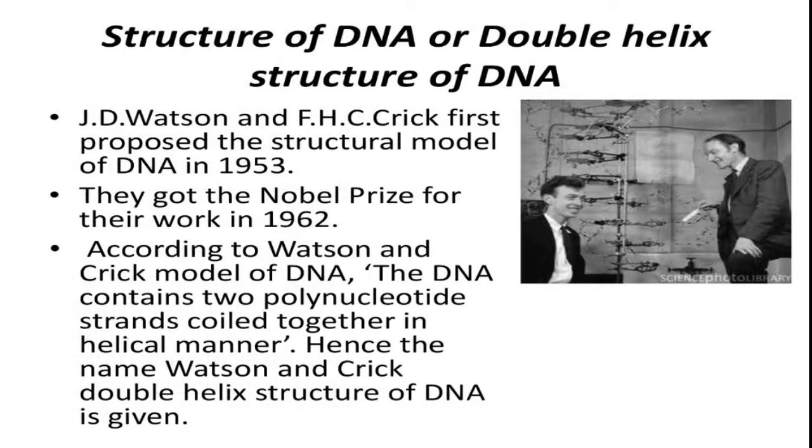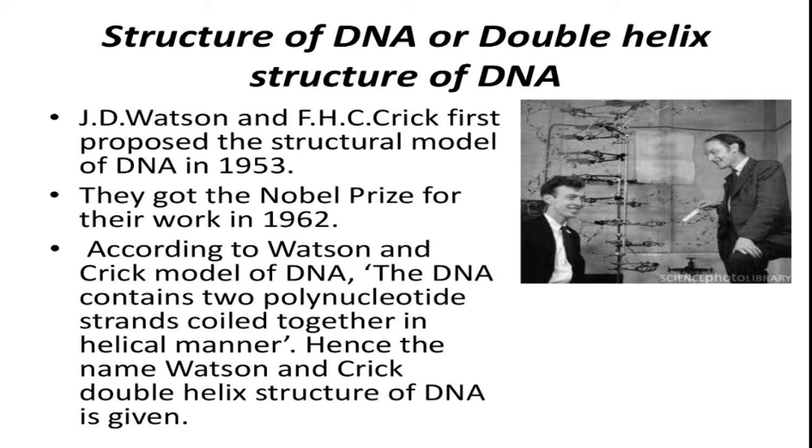So who was responsible for this structure of DNA? We all know that Watson and Crick first proposed the structural model of DNA in 1953. They got the Nobel Prize in 1963. This is Watson and Crick, the picture you see here. According to Watson and Crick, DNA contains two polynucleotide strands.